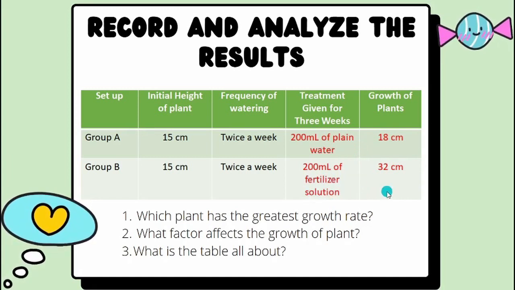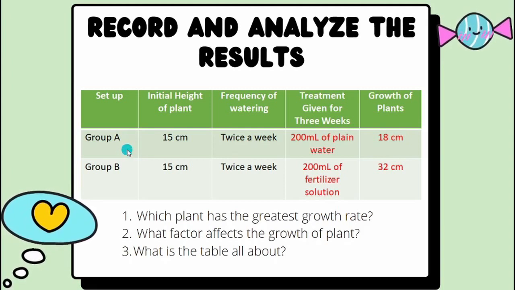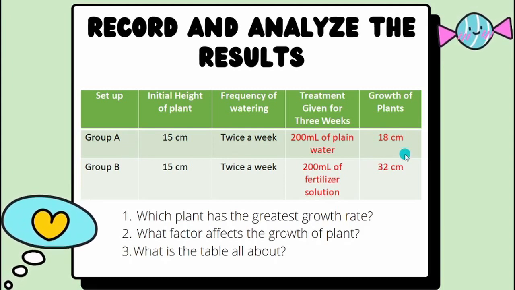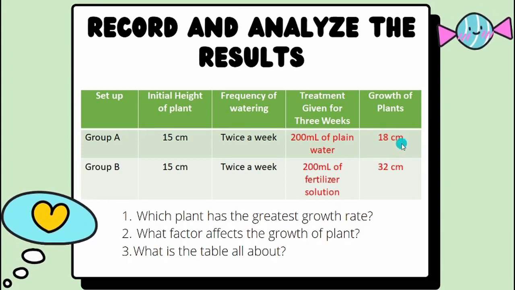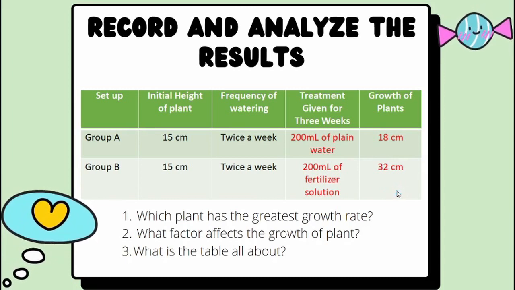Now, after 3 weeks of observation, they measured the plants, and they found out that group A is approximately 18 centimeters tall, while group B, which received the fertilizer solution, measured approximately 32 centimeters.